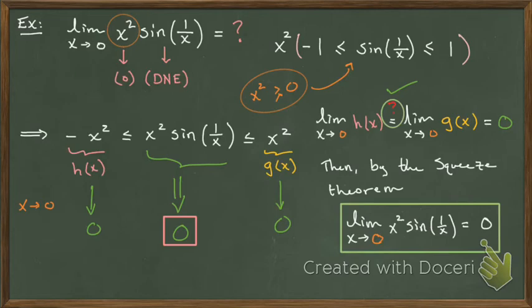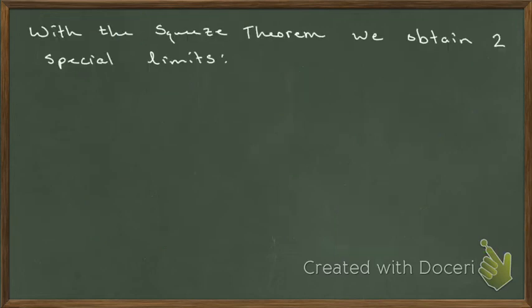Well, that's just one example of where the squeeze theorem comes into play. I don't exactly know what's going on with x squared sine of 1 over x, but I'm able to pin it from above and below between two other functions that I can tell have the same limit. The squeeze theorem also gives us two special limits, and I'm not going to show you where these come from exactly.